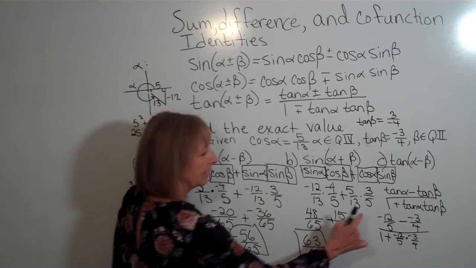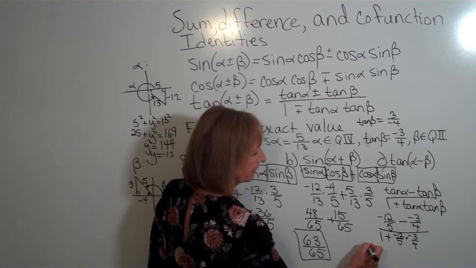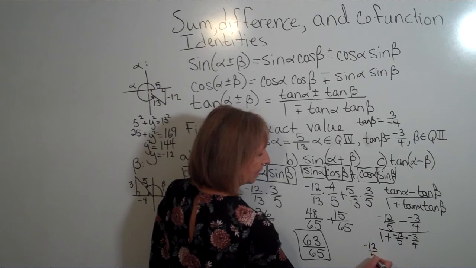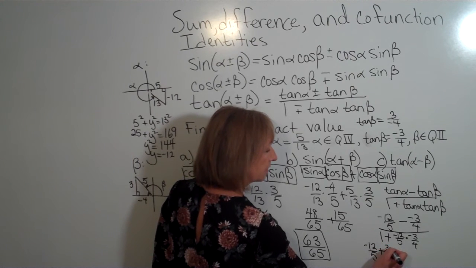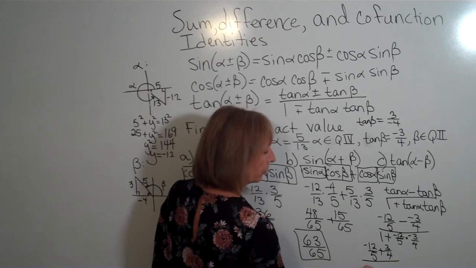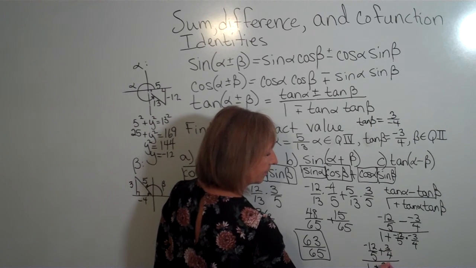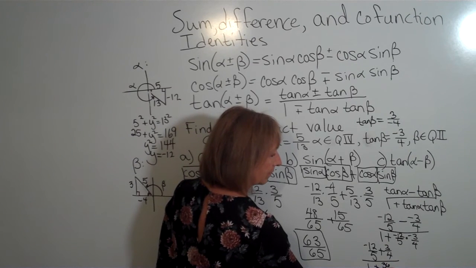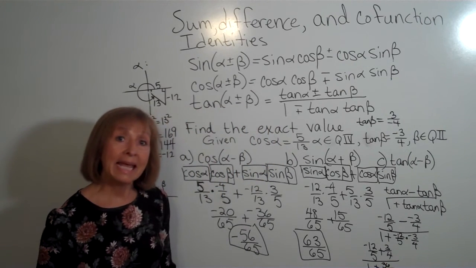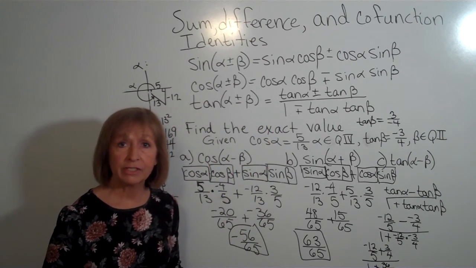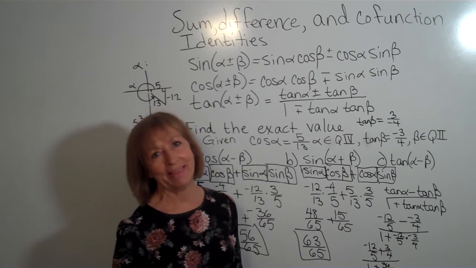So I have negative 12/5 plus 3/4 over 1 plus a positive 36/20. Now again, I have a complex fraction. It's got fractions and fractions, so I want to simplify this.